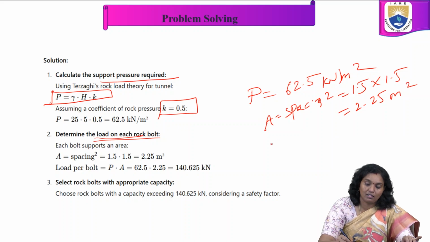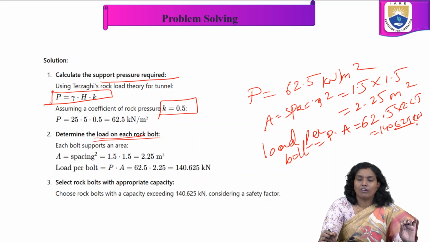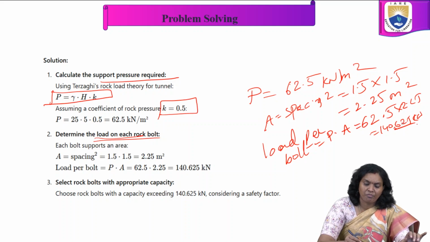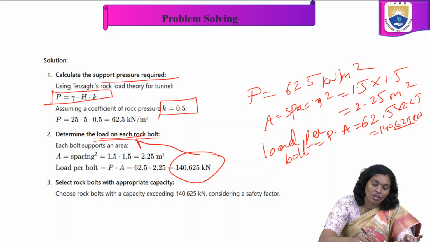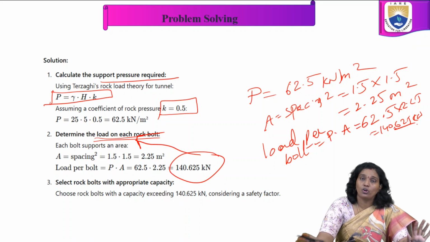Load per bolt is equal to pressure times area, that is 62.5 times 2.25, which is 140.625 kilonewtons. So each rock bolt is going to bear 140.625 kilonewtons.